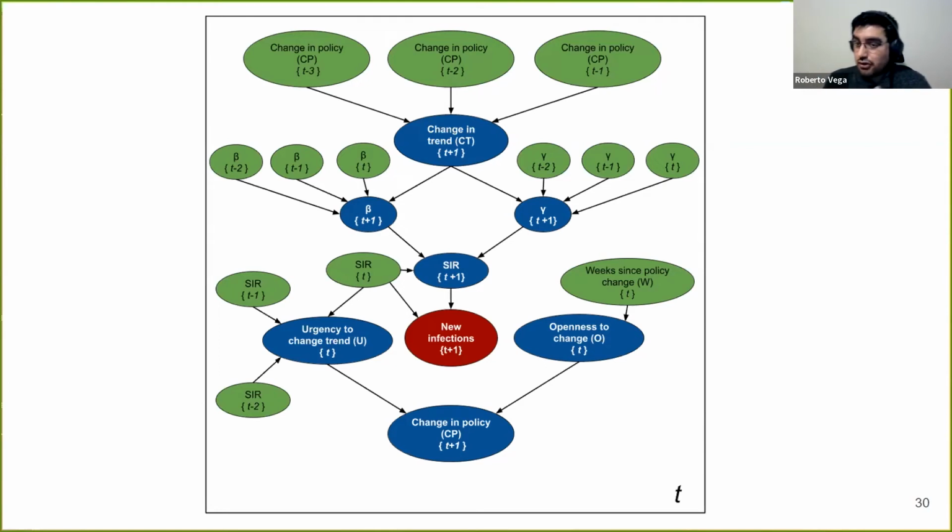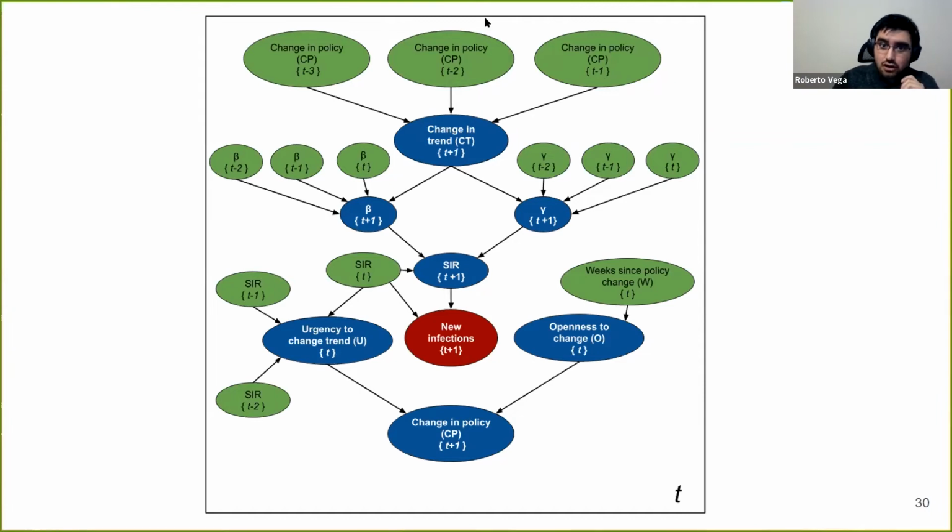If there are a few cases, but they are growing fast, maybe the urgency is moderate. And if you have few cases, but it is decreasing, then you say, well, then there is no need to make a stricter policy at this point. So this is what these three nodes in the bottom are doing.